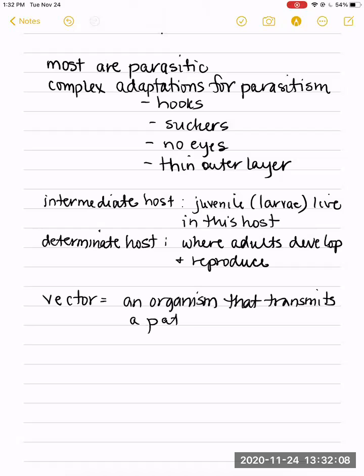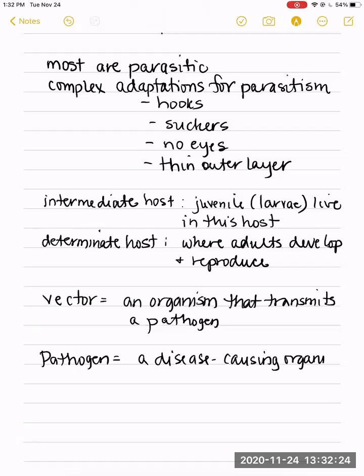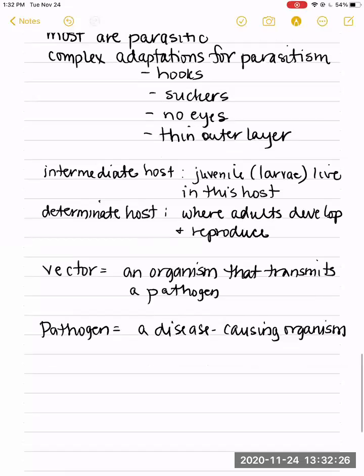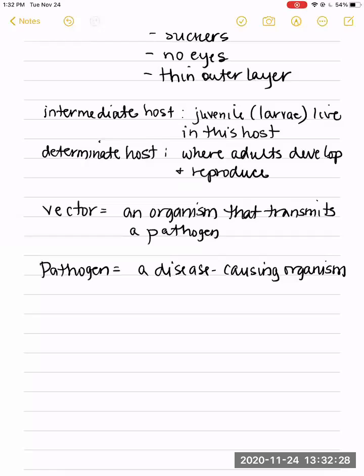So a lot of vocabulary here. What is a pathogen? A pathogen is a disease-causing organism. And in humans, that includes a lot, including viruses, which aren't really living organisms.